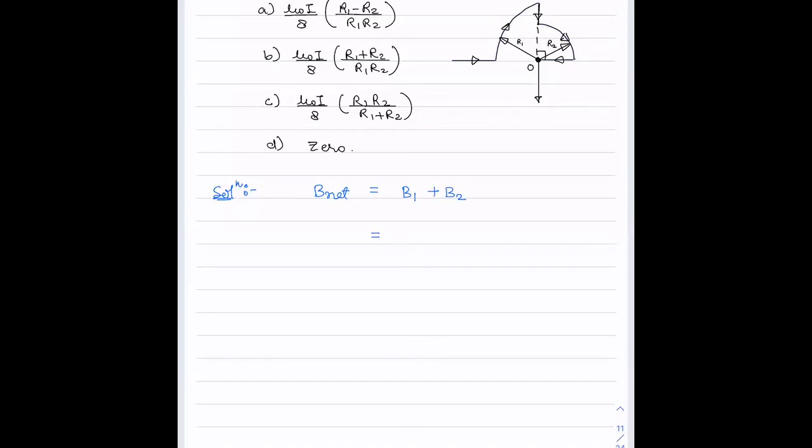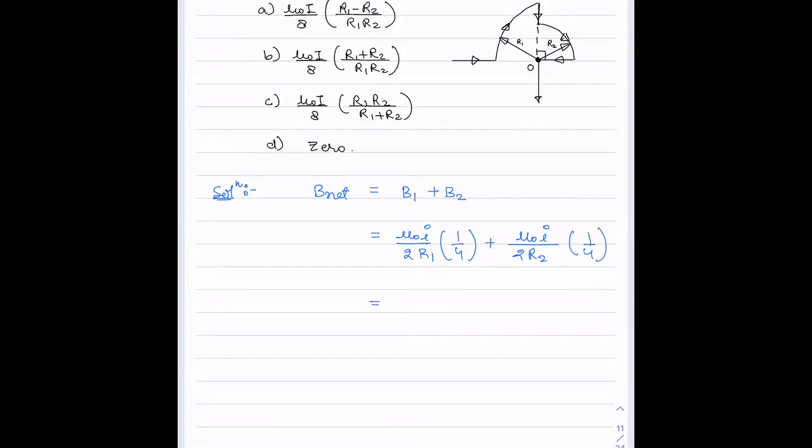So for the first wire, I write mu naught I by 2 R1. Now this is of 90 degree, so 90 by 360, which is 1 by 4, plus mu naught I divided by 2R2, into 1 by 4 again.